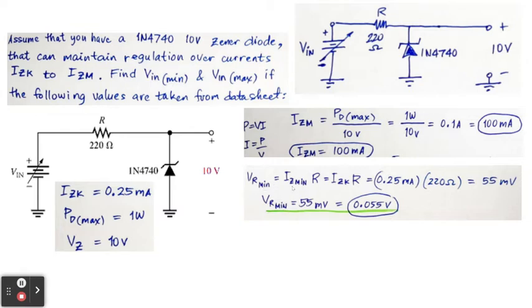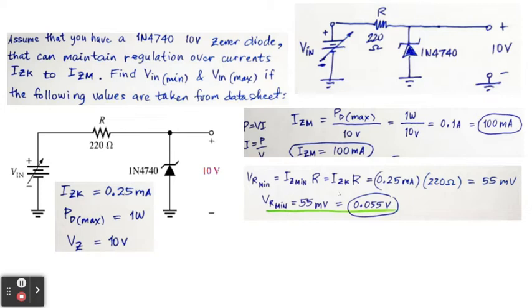But take note that we are trying to calculate first the VR minimum, or the minimum voltage on the resistor here. And remember, the current that will flow here will be the IZK, because when we say IZ minimum, it's the same as IZK. Remember from the previous discussion, the IZK and IZ minimum have equal values.